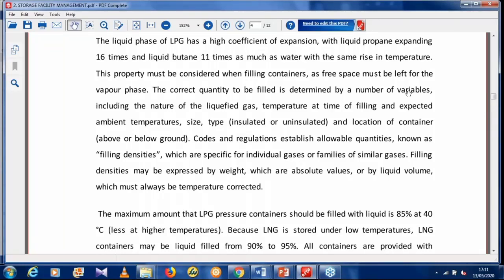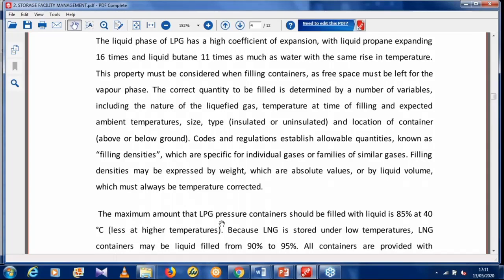We said the maximum amount that liquefied petroleum gas containers should be filled with is 85% at 40 degrees Celsius.